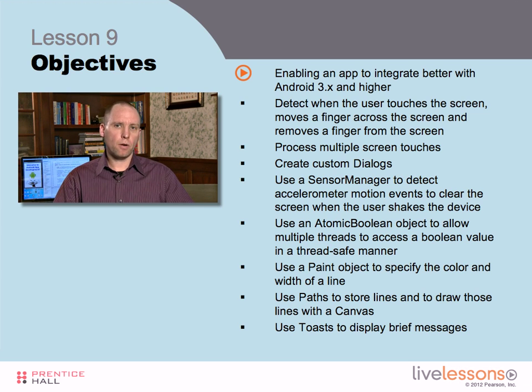Now, there's a number of capabilities that we're going to be introducing here, one of which is how you can better integrate an app that was not specifically designed for Android 3 and higher with the Android 3 user interface. And in particular, we're going to be placing some information into the Android manifest.xml file for this app that allows the Doodles app's menus to appear on the action bar in Android 3 if this app gets installed onto a tablet device.